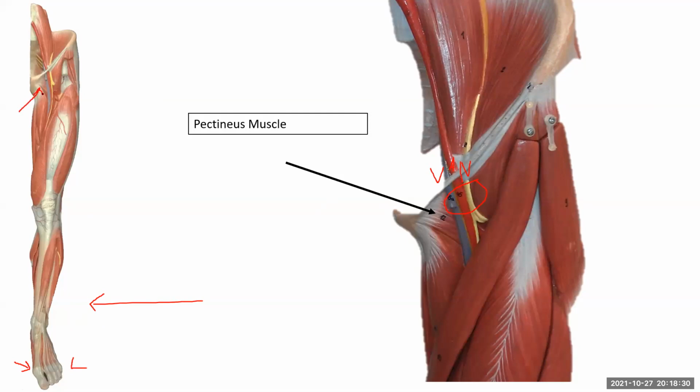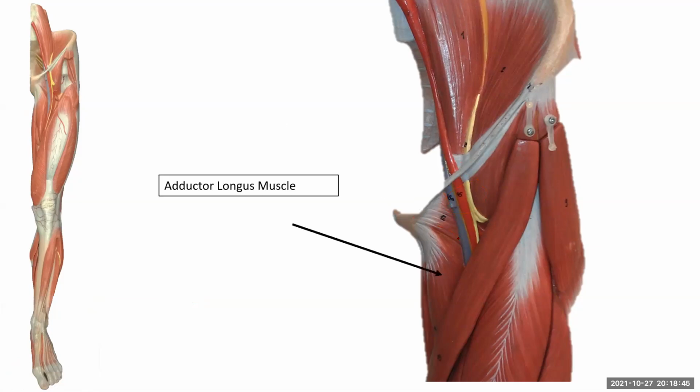That's pectineus. Pectineus, that's this fellow right here. All right, just inferior to that is going to be Adductor Longus. Adductor Longus.